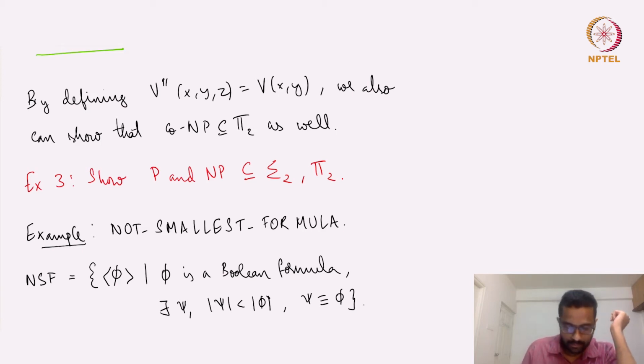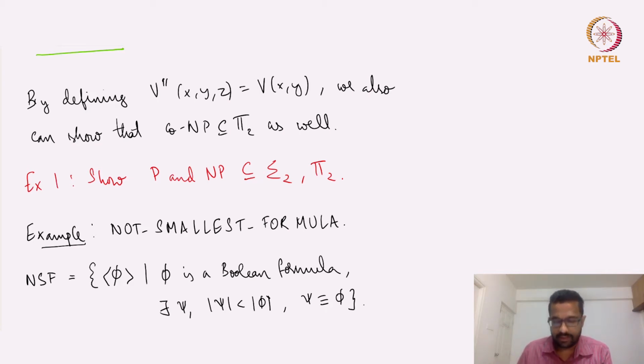Maybe this is something simple. I'll just leave it as an exercise: show that P and NP are also contained in pi 2 and sigma 2. This is not very difficult. You could directly show it, you could add two dummy variables y and z. Or I just showed co-NP, right? So NP is very similar.